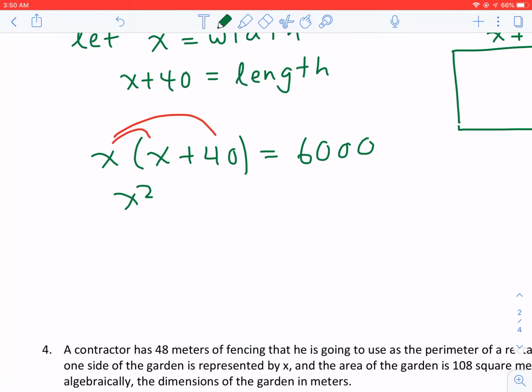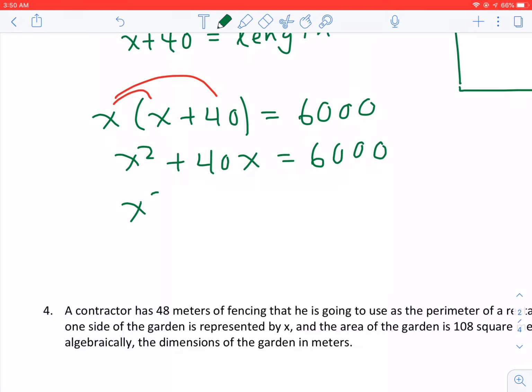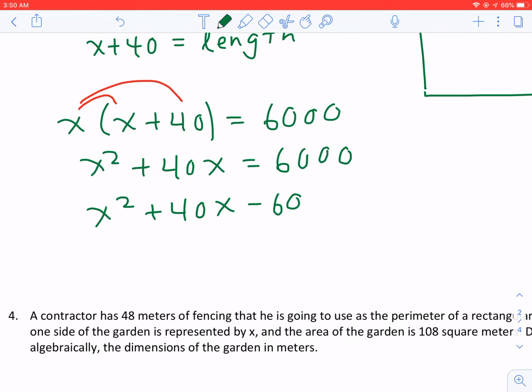So we get x squared plus 40x equals 6,000. I'm going to subtract 6,000 from both sides. We get x squared plus 40x minus 6,000 equals 0.